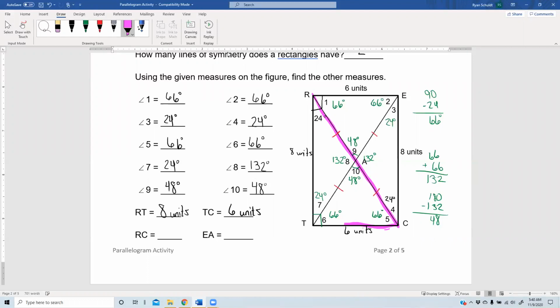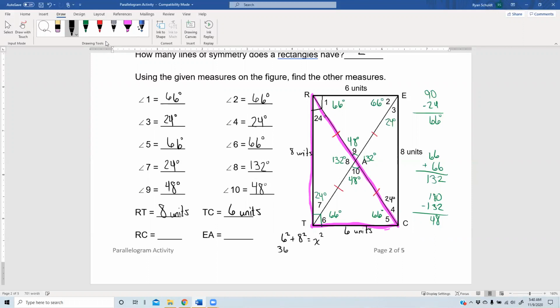Now, you may be saying, but you can't. Yeah, we can. Oh, what do I have here? I got me a right triangle with a leg of 6 and a leg of 8. So let's do the Pythagorean theorem. 6 squared plus 8 squared equals x squared.